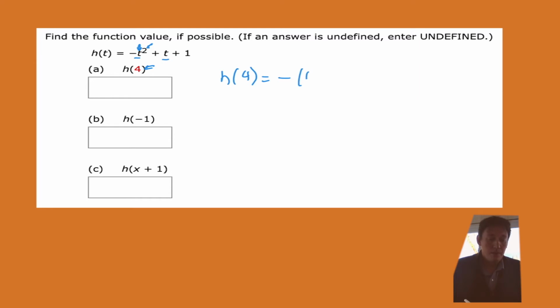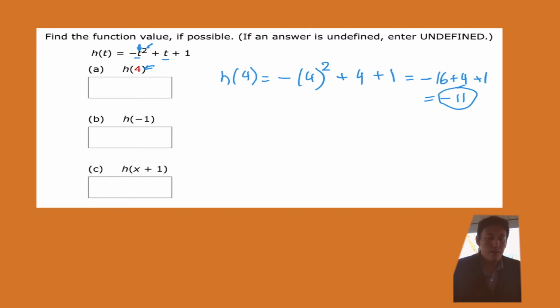T becomes 4 squared plus 4 again plus 1. So again, that negative comes along for a ride. 4 squared is 16 plus 4 plus 1. So negative 16 plus 4 plus 1 would give me negative 11.